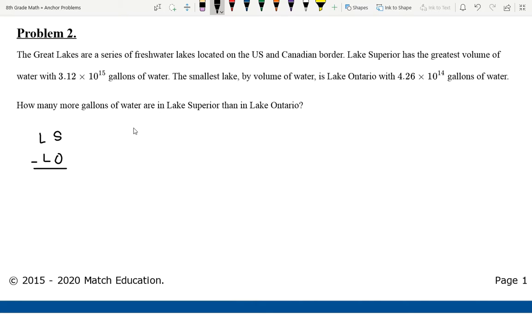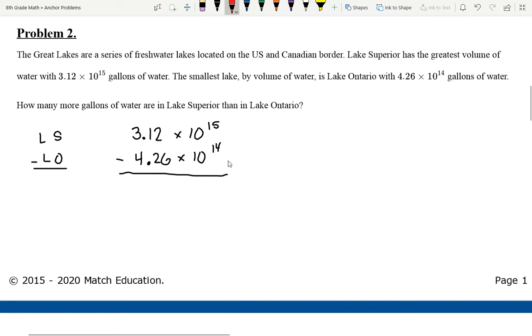So this is then 3.12 times 10 to the 15th minus 4.26 times 10 to the 14th. Just like with adding, we need to make these 10s the same magnitude.